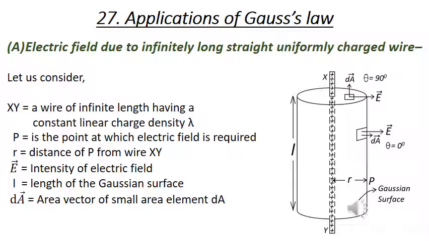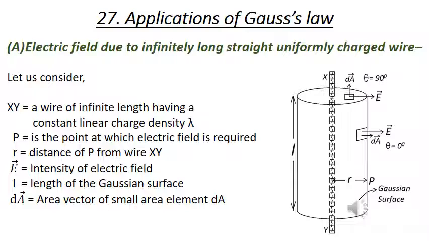Here L is the length of the Gaussian surface as shown in the figure, and we have considered a small area element dA at two surfaces of the Gaussian surface. First is the curved surface of the cylinder, and second is the flat surface of the cylinder. dA is the area vector of the small area element as shown in the figure.